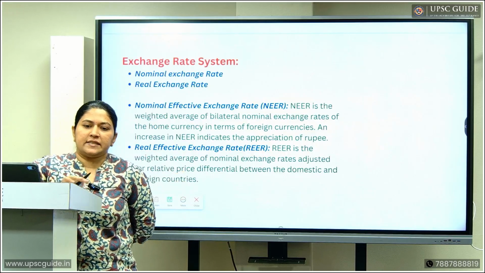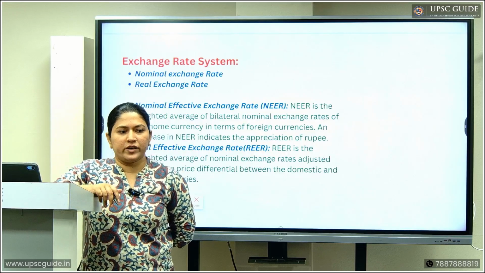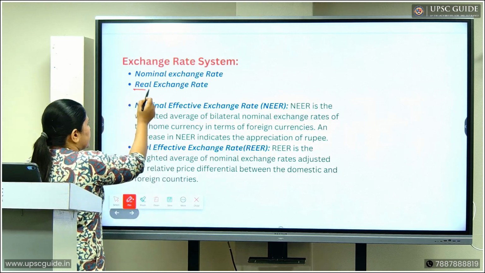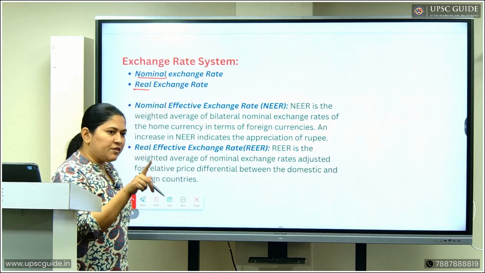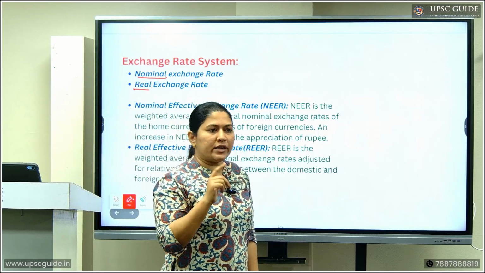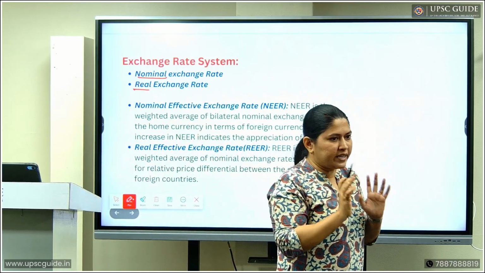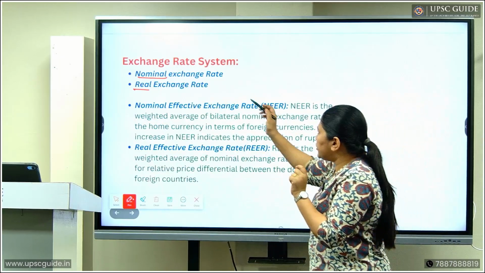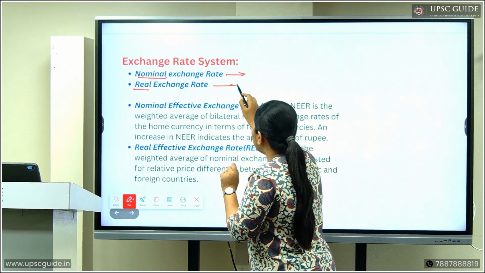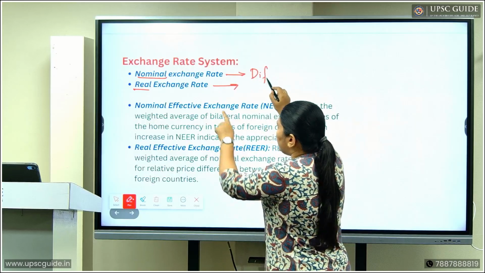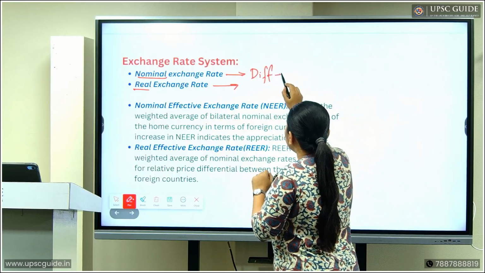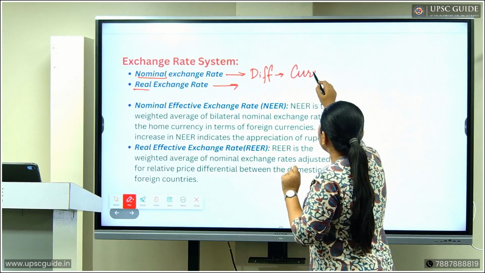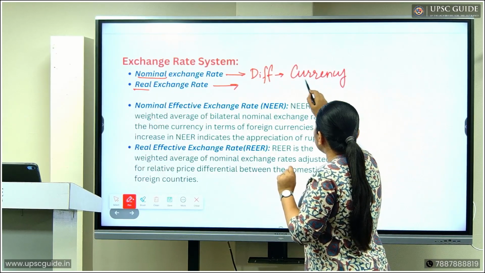Now the exchange rate is calculated in two ways, nominal exchange rate and the real exchange rate. The same way through which we calculate the GDP, the nominal GDP and the real GDP. But the fact here is that we need to take assurance of what the difference is. In nominal exchange rate, the difference of the currency is calculated.